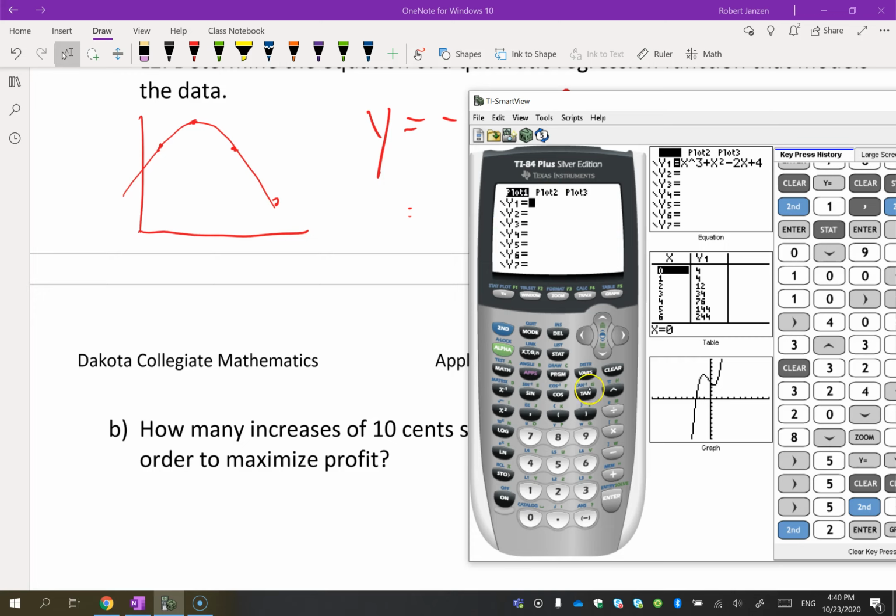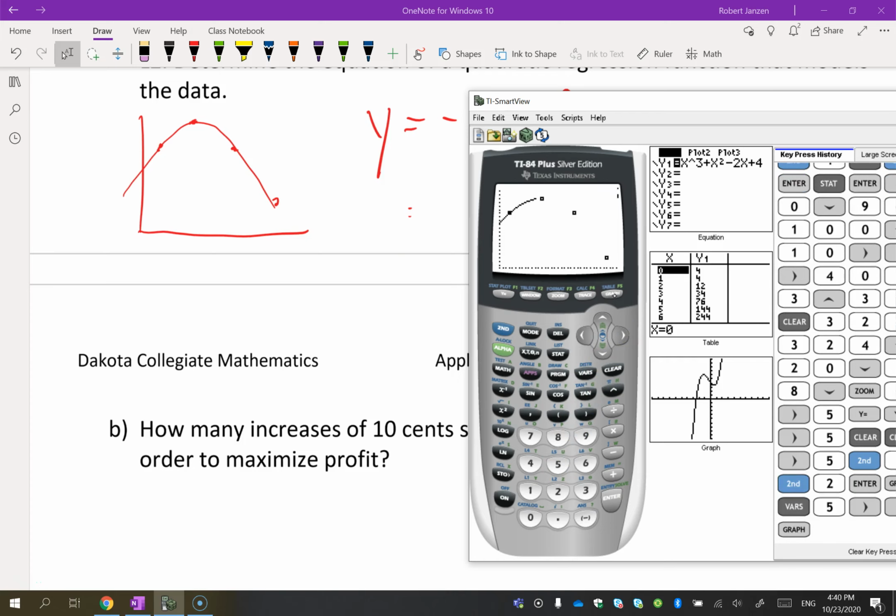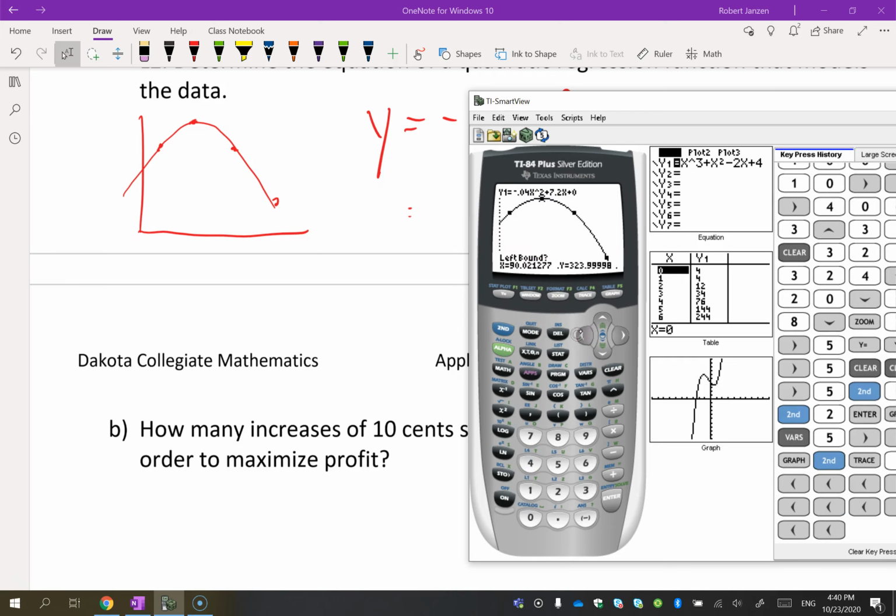If you remember all these steps, vars 5, equation, enter, that puts my equation in there, and now I have the actual line of best fit. Now I'm going to go to second trace, and I want to find the maximum. Let's put the left and right bounds.